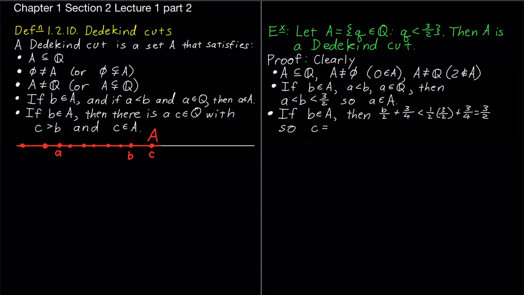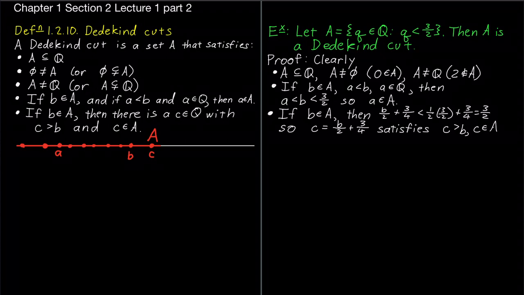So c, b over 2 plus 3/4, satisfies: c is greater than b, and c is in our Dedekind cut A.